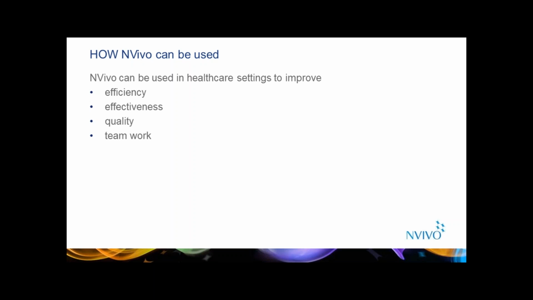NVivo also allows you to export the list of nodes and the definitions that you've put in as a code book, which can be really useful as you're training new people on what goes into each of those nodes if they're doing the data gathering for you.